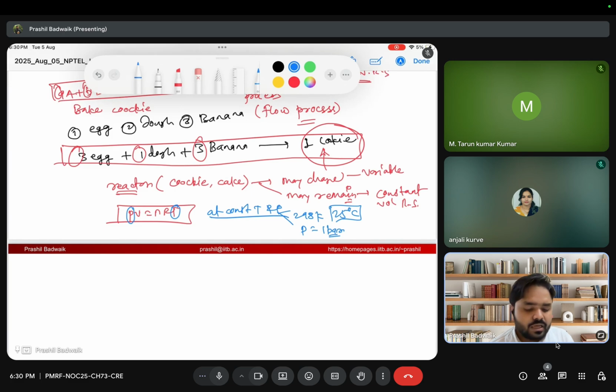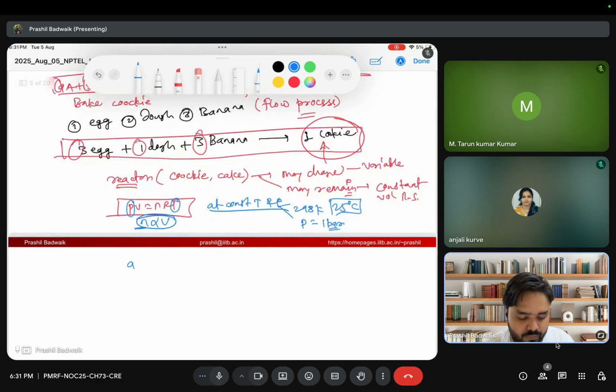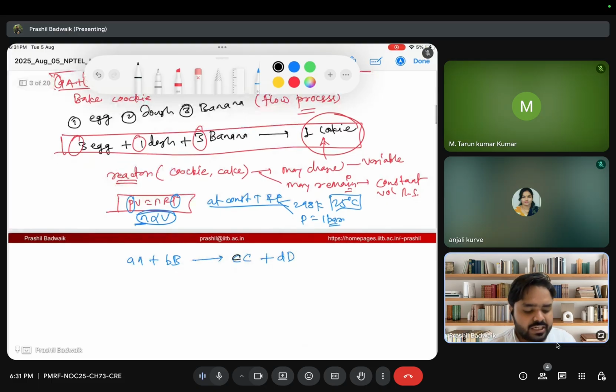Now can you see, n is proportional to the volume. So if the number of moles is increasing during the reaction, volume will increase, right? And that's why you need to check the total number of moles. For example, I have aA plus bB that gives you cC plus dD. This is small c. So you calculate the change in number of moles.